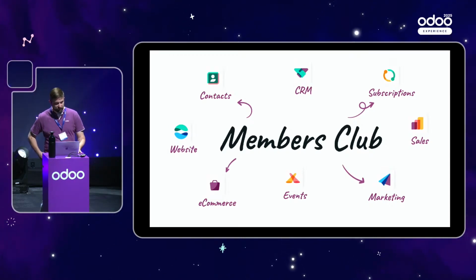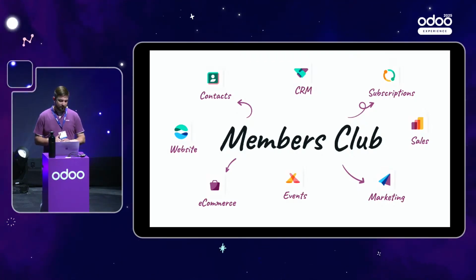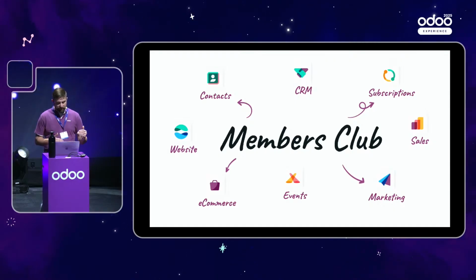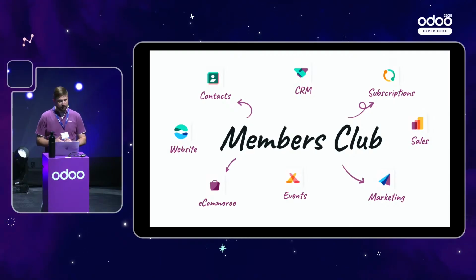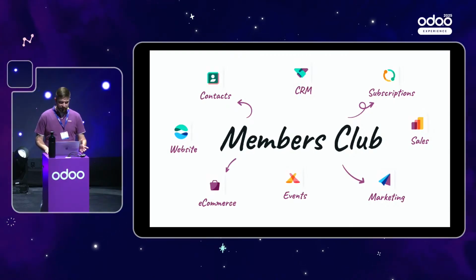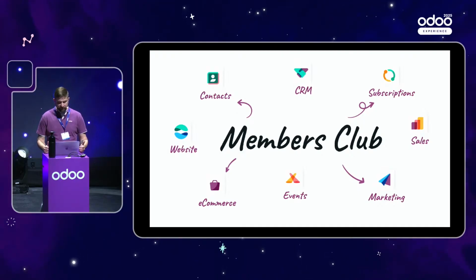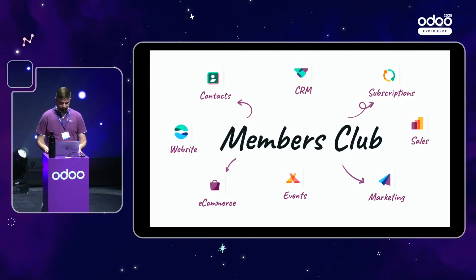In this one, we are using the contact and the CRM apps to manage the acquisition of new members. We use subscription and sales to manage the membership. And we use e-commerce also, because it's possible to buy the membership directly from the e-commerce. I will show you how. And finally, we use the marketing suite and the events app to animate the community.